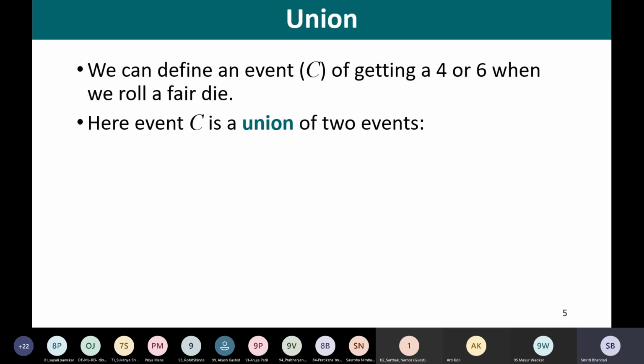So let's see, this event C is the union of two different events. What are those two events?